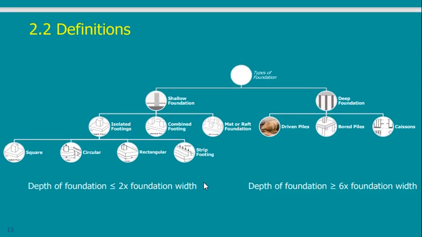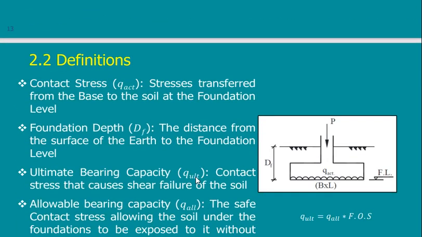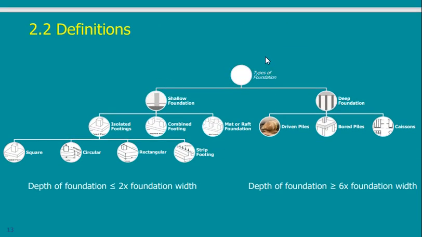Now, we'll go into some definitions to proceed to the next thing. We said before what are the types of foundation: deep foundation, shallow foundation. Shallow foundation consists of either isolated footings, combined footings, raft.